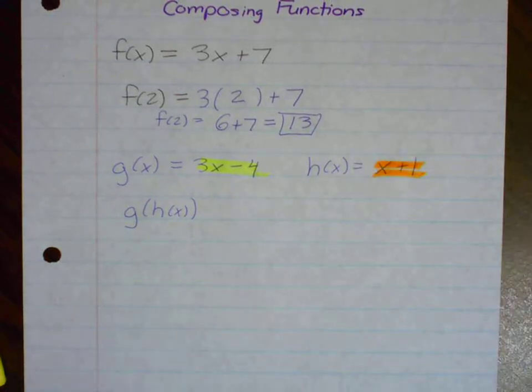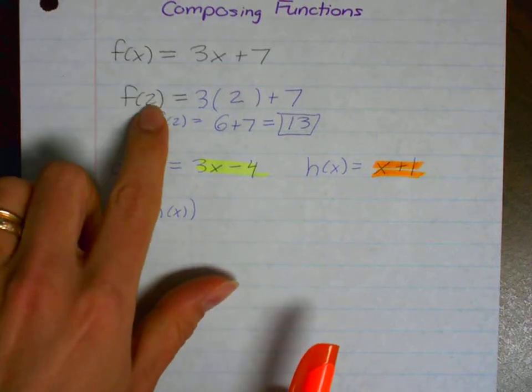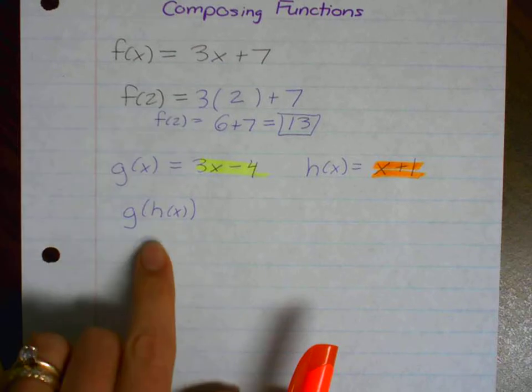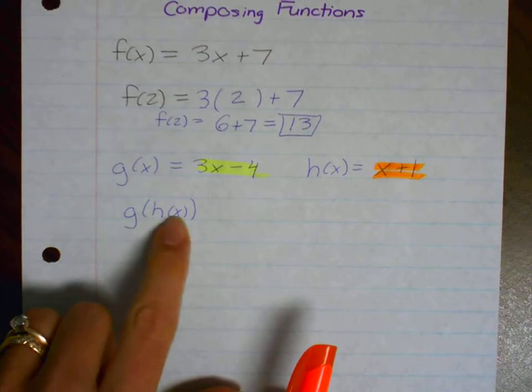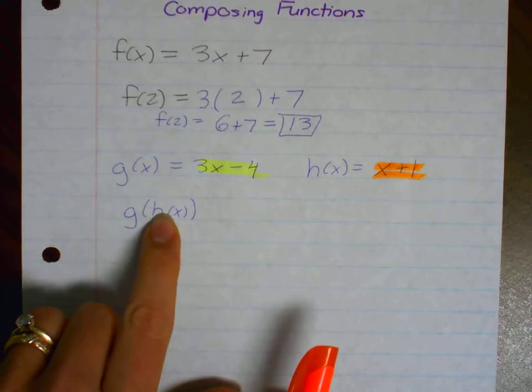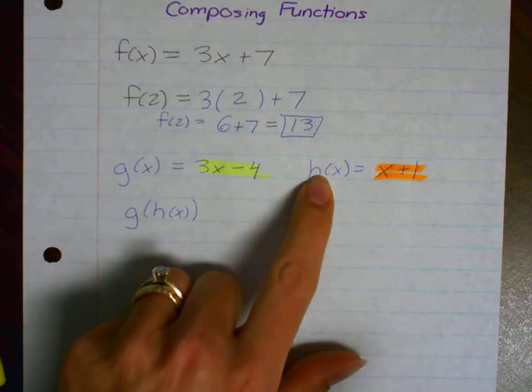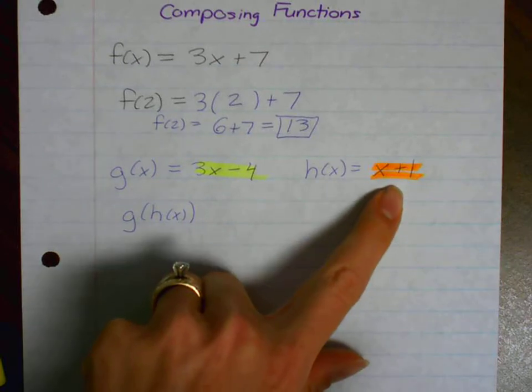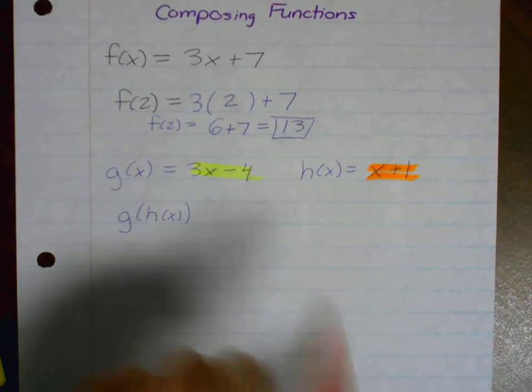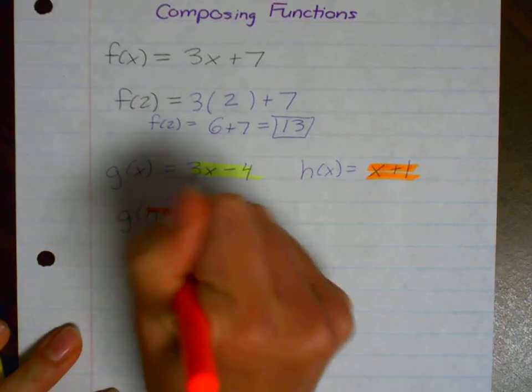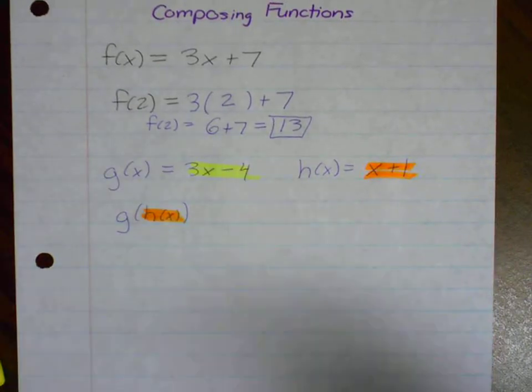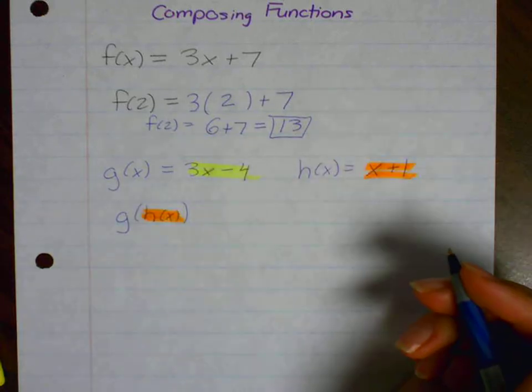We're going to work our way from the inside out. So up here, we only had one thing in here. We had a 2, and we replaced it. Well, now we have h of x inside the parentheses. And if we look up here, we can see that h of x is x plus 1. They're equal. That means I can substitute. I can put x plus 1 in place of h of x.